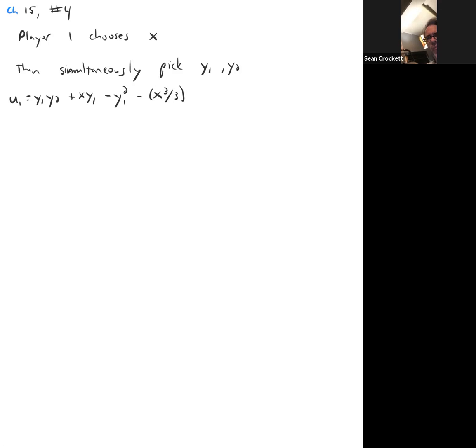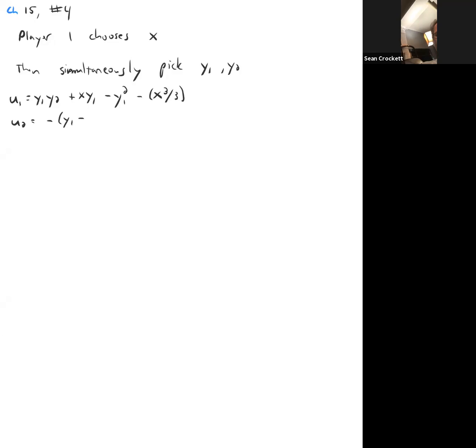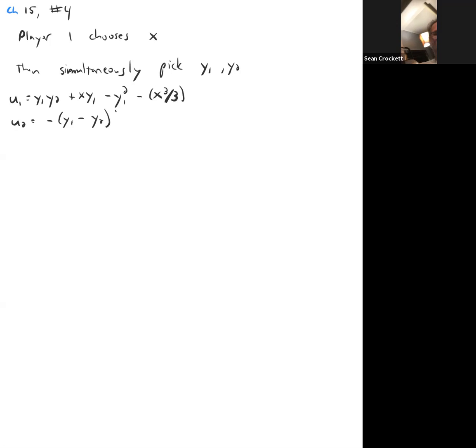So whatever player one picked in the beginning, he picks the same number at the end. Man, this seems really hauntingly familiar. Is it x to the third over 3? This one here, y2 squared. Okay.